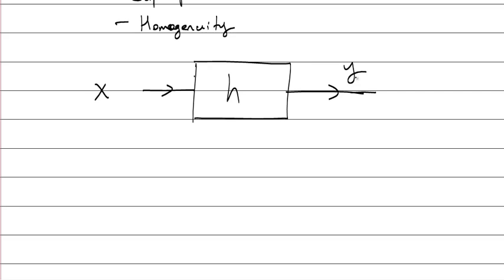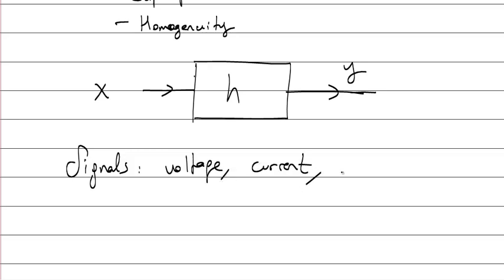You give some signal, and it operates on that signal. It gives you another signal. The output signal can be voltage, current, or power. So X is the input signal, Y is the output signal.